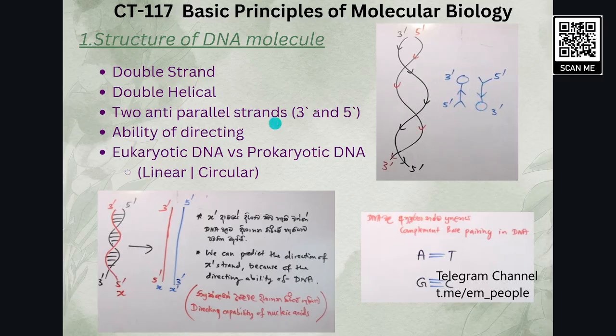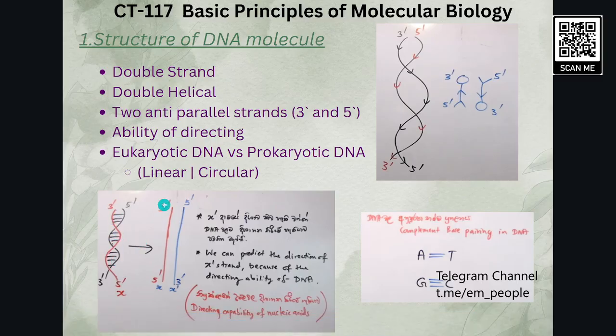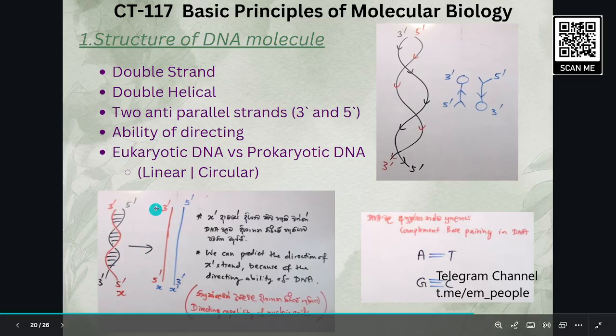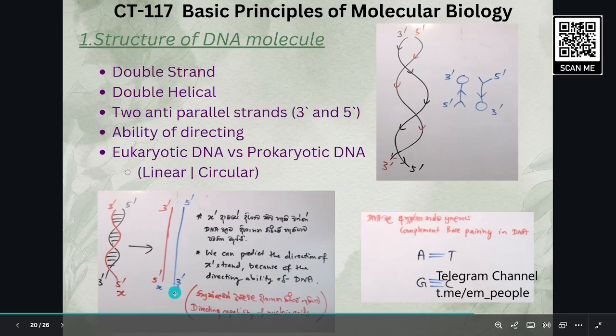So this explains it. DNA is similar, and DNA also has the ability of directing, right? Directing means if somebody gave you a DNA molecule and broke it down and gave you a single strand, let's take X, and now they ask you what is the direction of the other strand, in this case the X dash strand.